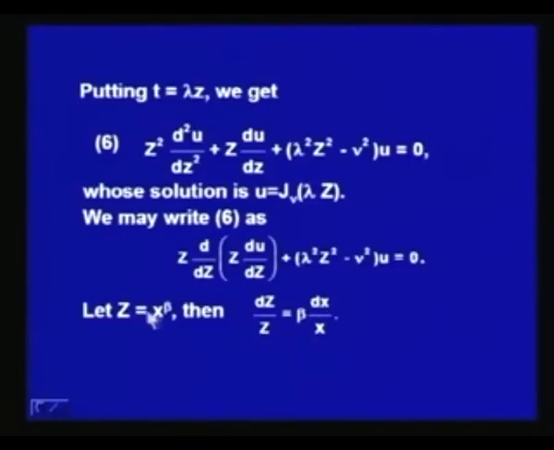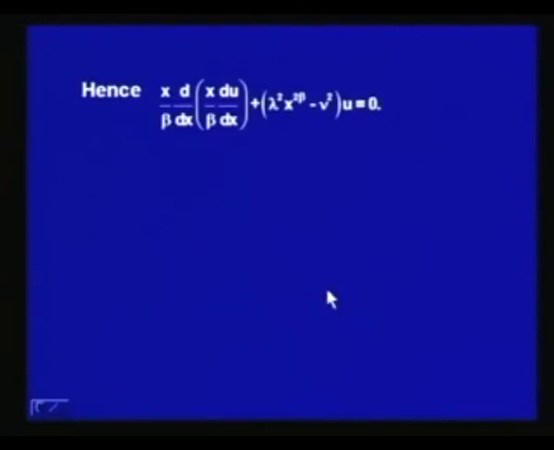Making this substitution in this equation, we get the transformed equation as x over beta into d over dx of x over beta du by dx plus lambda square x to the power 2 beta minus nu square into u equal to 0.